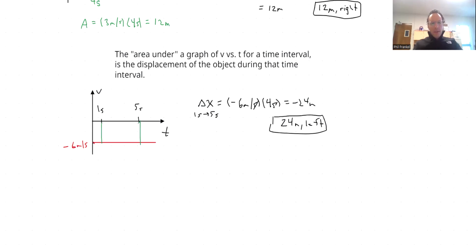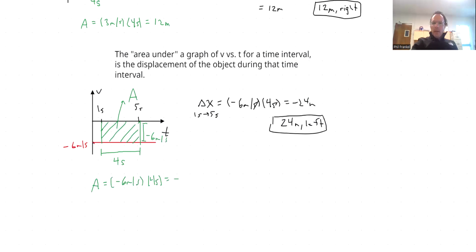So the width of this rectangle is 4 seconds, and I'm going to interpret the height as being negative 6 meters per second. This rectangle has an area, and the area is just the product of that negative height of negative 6 meters per second times the width, which is always positive, 4 seconds. That's negative 24 meters.